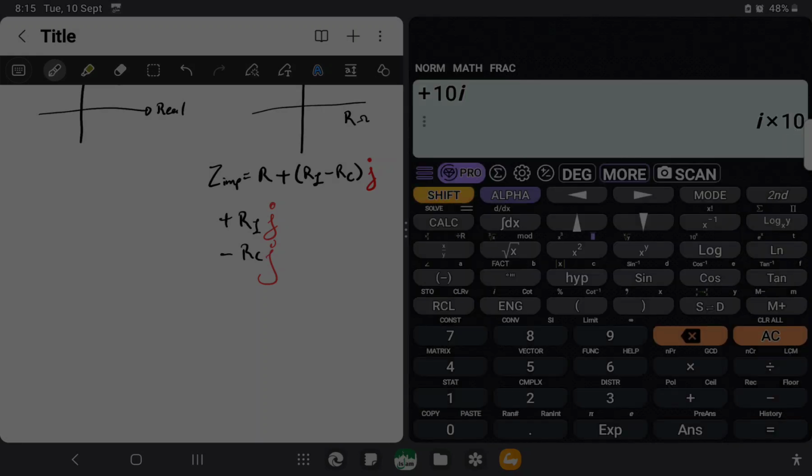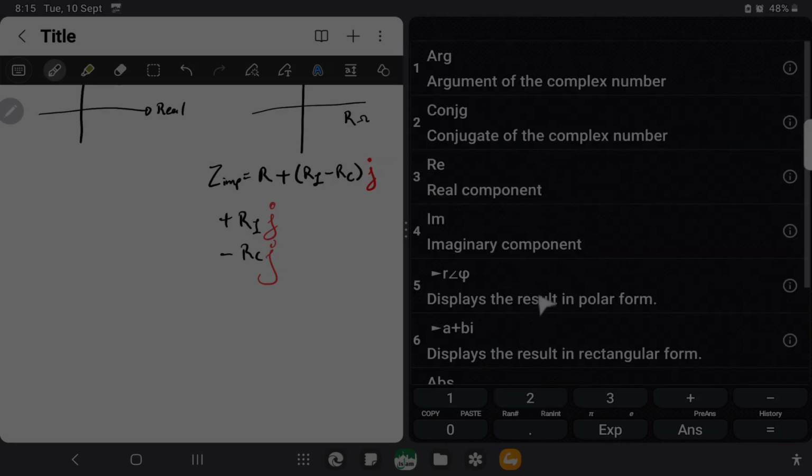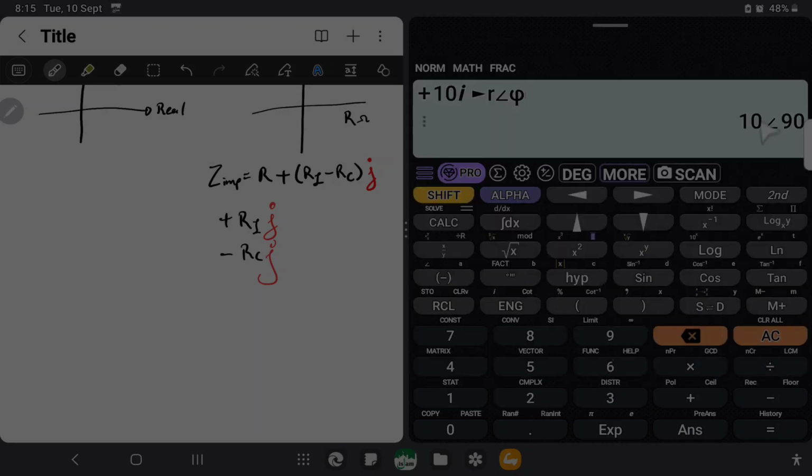So then we're going to press shift 2 and we want to convert to get an angle. And you can see that the positive is giving us an angle of 90 degrees, right? So if we make this negative 10, where did I get the 10 from?